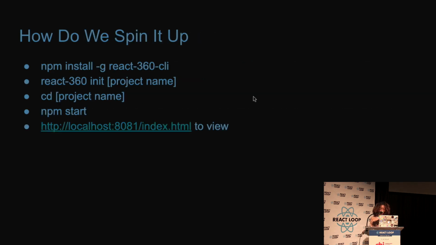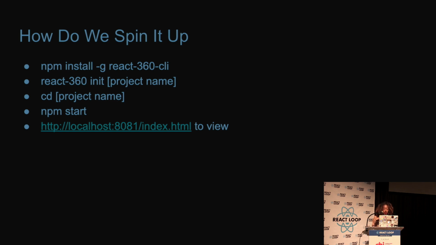So yeah, how do we spin it up? It's pretty simple, just like how you would install and use React Native or create-react-app. You would do npm install -g react-360-cli to install the CLI and everything to be able to use the commands to install and build up your application.